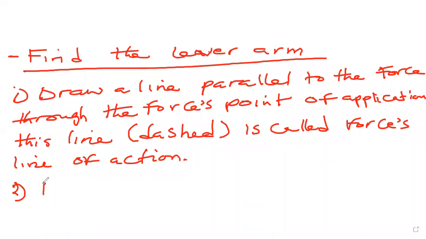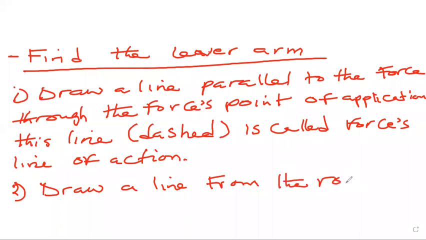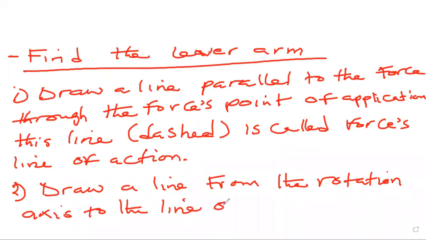So the second condition tells us that we should draw a line from the rotation axis to the line of action.